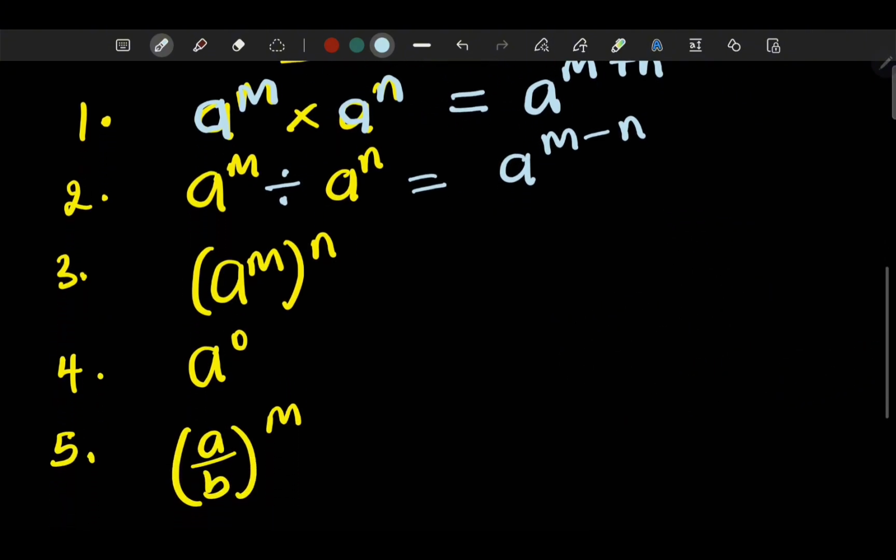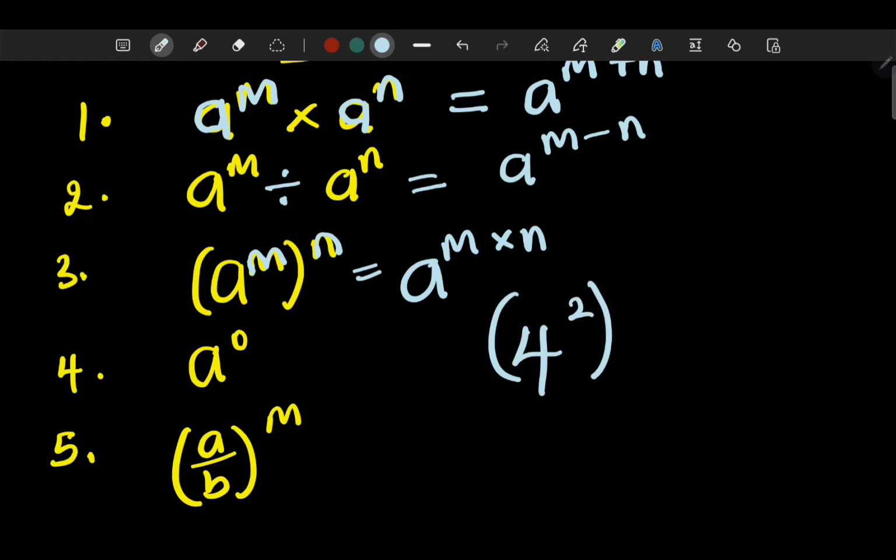The next law is the power multiplying a power law. A to the power of M, raised to another power of N, simply means A to the power of M multiplied by N. You just multiply the powers. Which means if I have 4 to the power of 2, then raised to the power of 3, this is simply 4 to the power of 2 multiplied by 3.